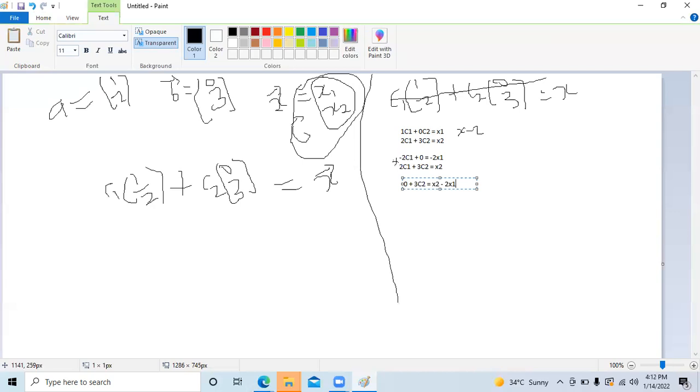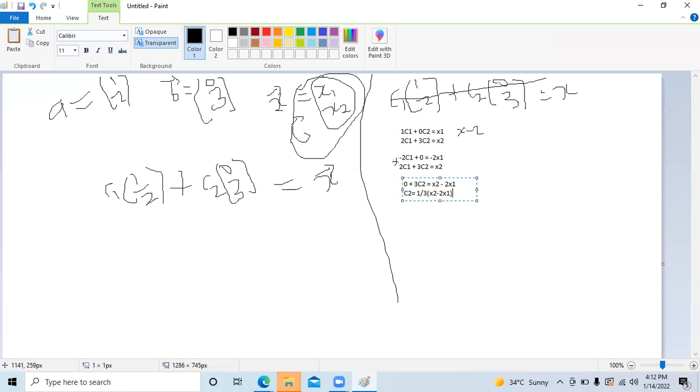So that's x2 minus 2x1, such that C2 is going to be 1 over 3 in brackets x2 minus 2x1. Do your interpolation and let me know.